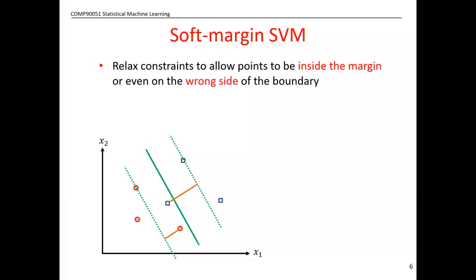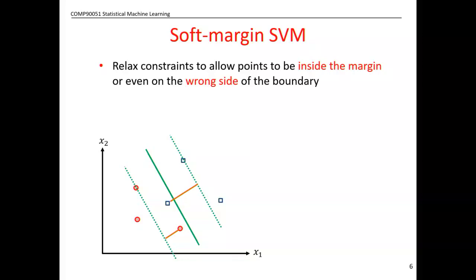So we're going to relax the constraint that the points have to be on the outside of the margin on the correct side. So y times y hat doesn't have to be greater or equal to 1. It could be less than 1 and be positive, so it could be inside the margin. It could be bigger than -1 but less than 0 and be on the wrong side of the boundary but inside the margin.